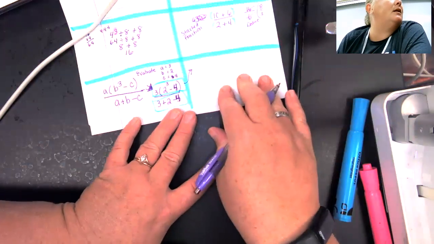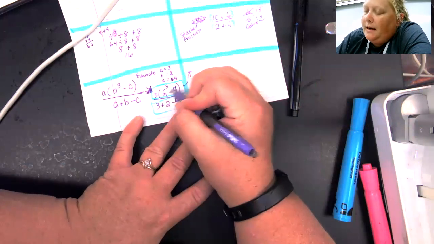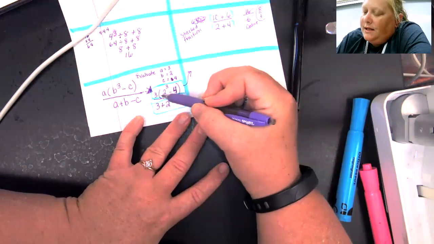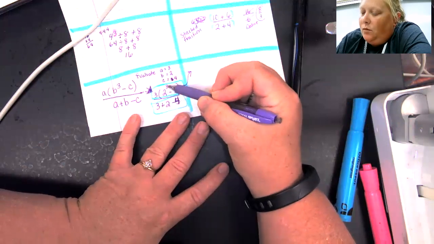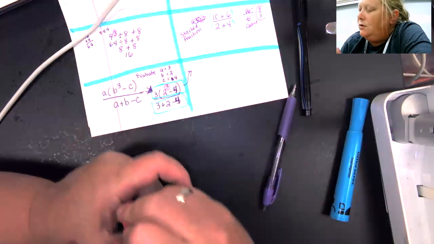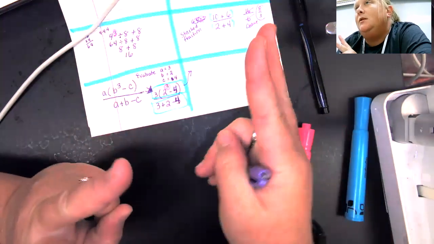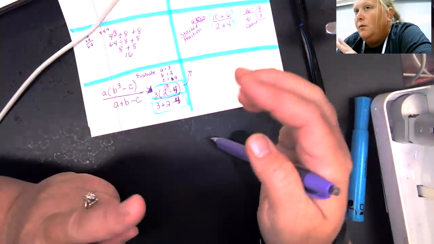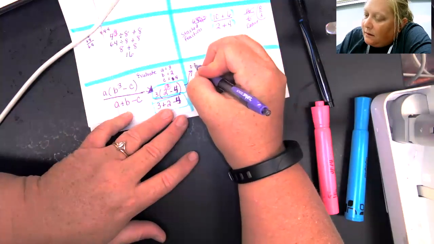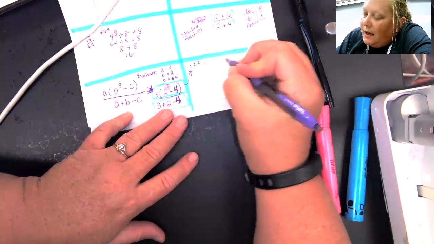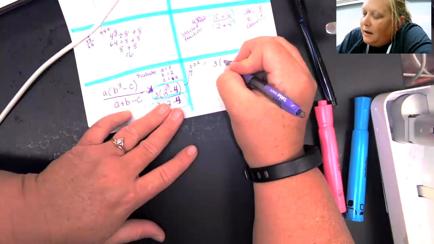So don't be alarmed. Notice we're starting in the parentheses. We have parentheses within parentheses. So we need to start with the exponent, don't we? So what is 2 cubed? Well, 2 cubed is 2 times another 2. 2 times 2 is 4 times 2. So let me just write this down because that's a lot of 2's. Oh, that's 8.